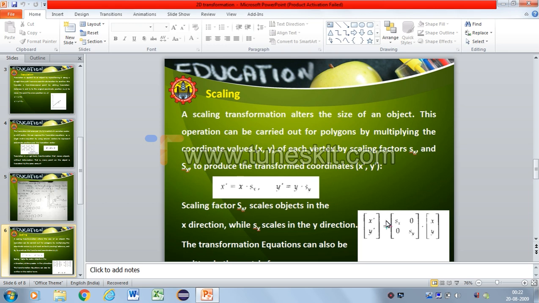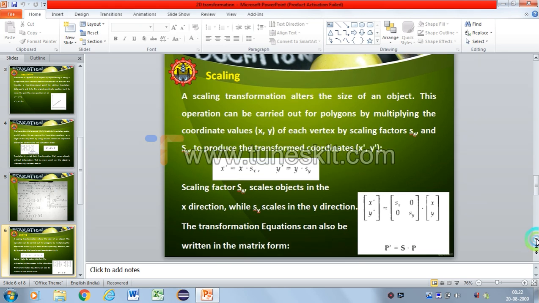Now from these equations we transform into the matrix form. This x dash y dash is your transformed P, right? P dash. This is the matrix of your scaling factors. This Sx scales the object in the x direction, and this Sy scales the object in the y direction, right?